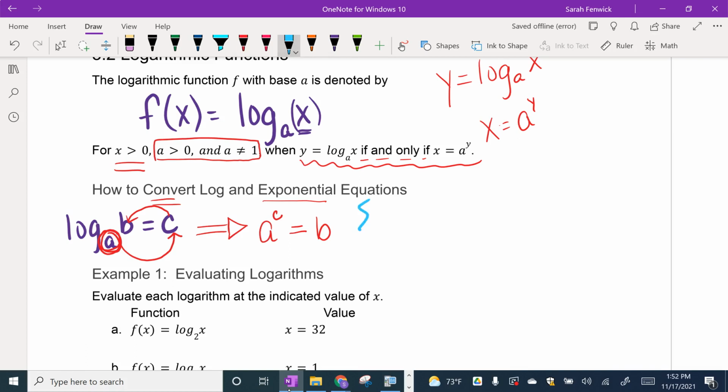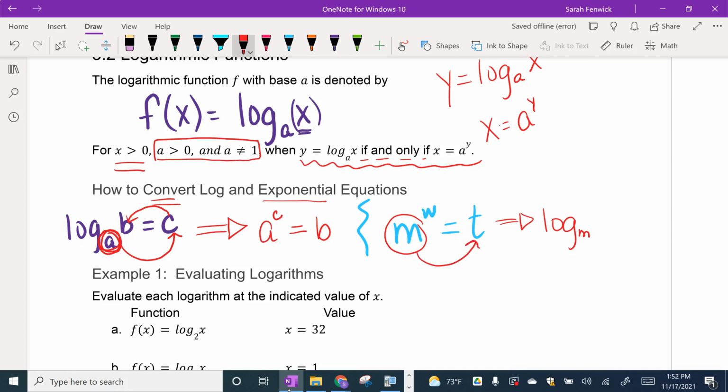All right, the other way around. Let's say I have m to the w equals t. All about that base still. Here's my base, and if I'm changing to a log, then I have to have a log, and the base, m, is down here.